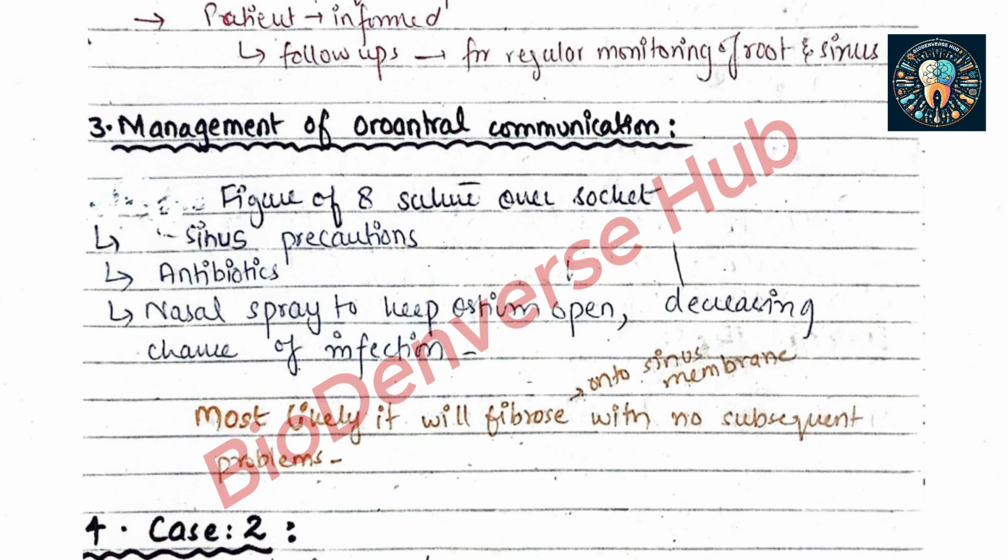You also need to prescribe antibiotics to prevent infection, and a nasal spray should be advised to keep the ostium open, which will also decrease the chances of infection. Most likely, it will fibrose into the sinus membrane with no subsequent problem. We will study the management of oroantral communication and fistula in detail in a separate video, in which we will also discuss the sinus precautions.